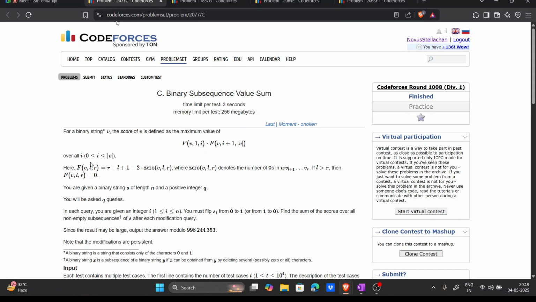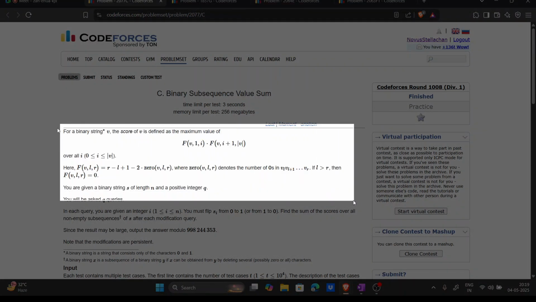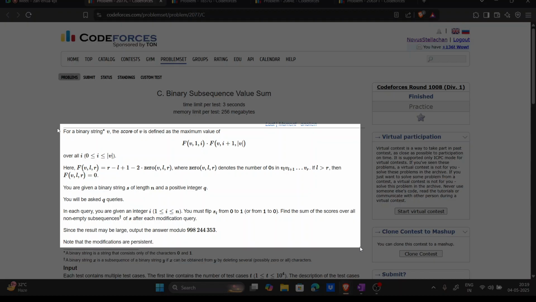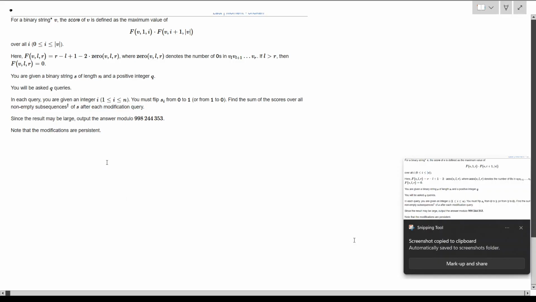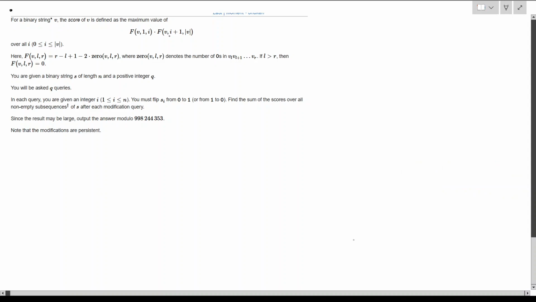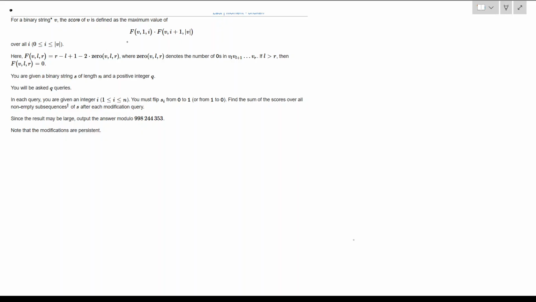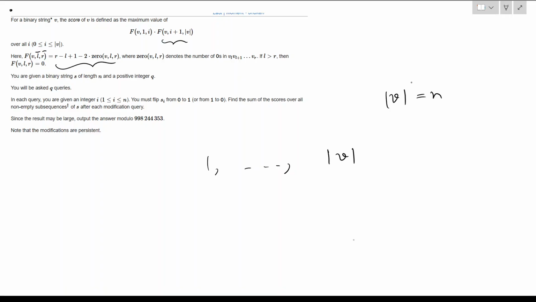So I'll briefly define the problem. I'll attach a screenshot. So for a binary string v, we've defined the score of v as this strange number, which is a certain function f that takes in two indices and tells us this quantity multiplied with, so it's sort of like, we can just assume that v has length n, so I'll do that for convenience.